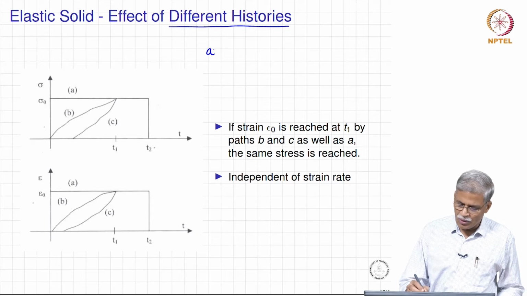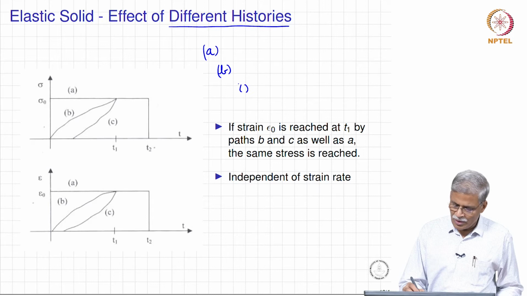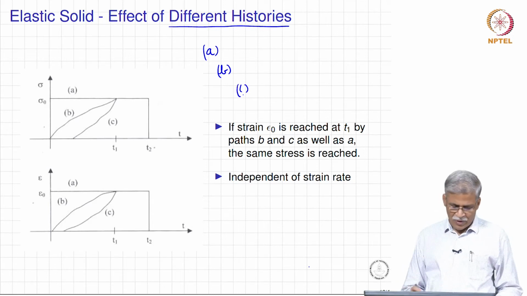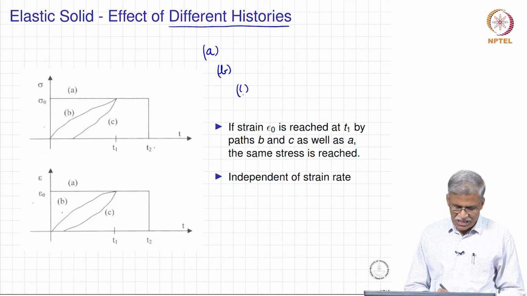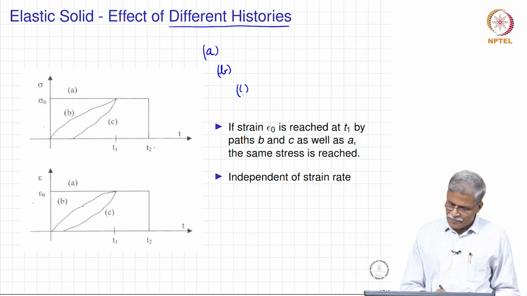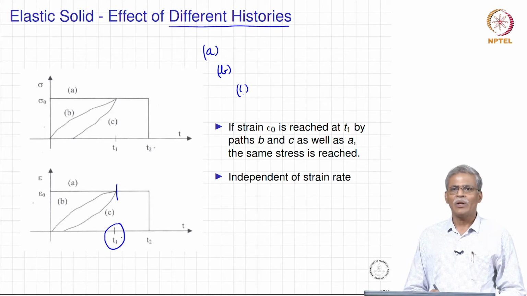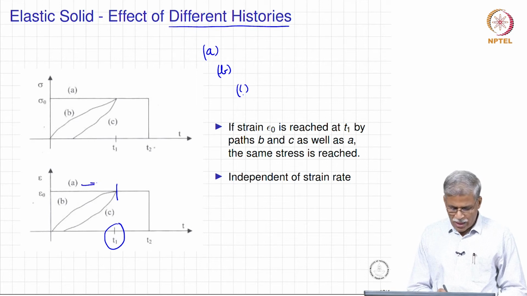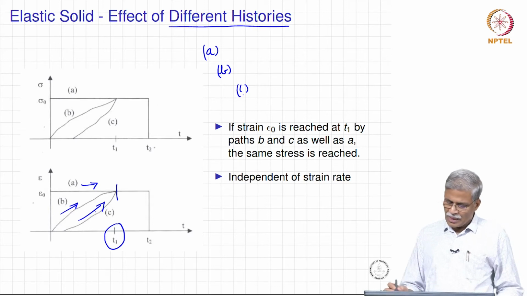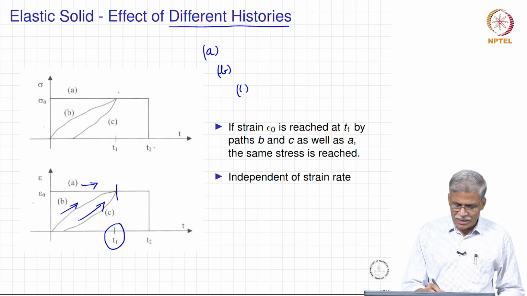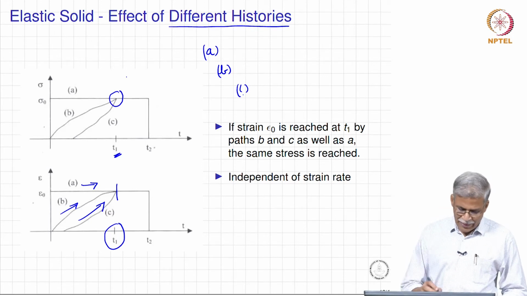We are not only talking about stress history A, we are talking about something like B, and we are talking about something like this C. So, now you can actually see we reach this strain epsilon naught at time t1, and you can reach it through A, you can reach it through B, and you can reach it through C, and you will see that the same stress is reached at t1, and this is going to be independent of the strain rate.